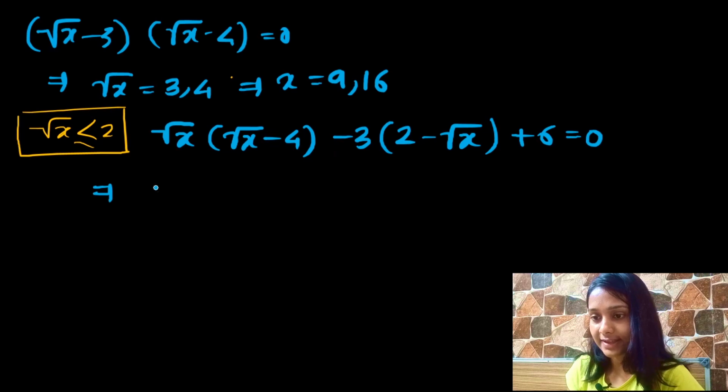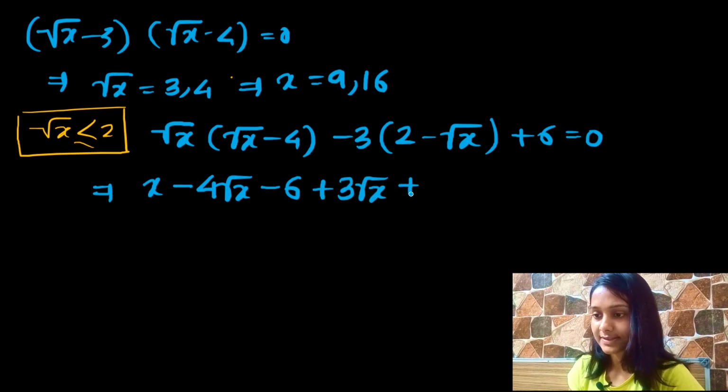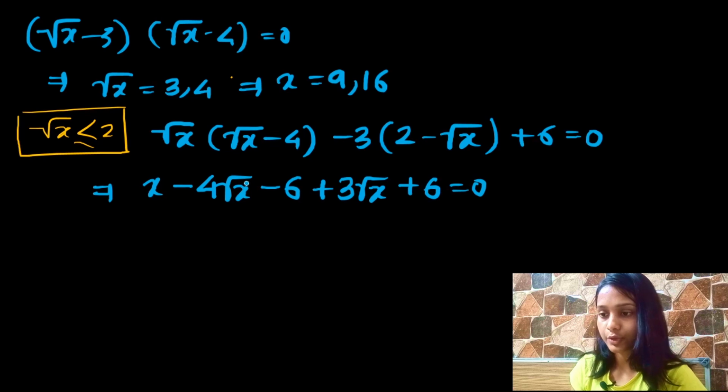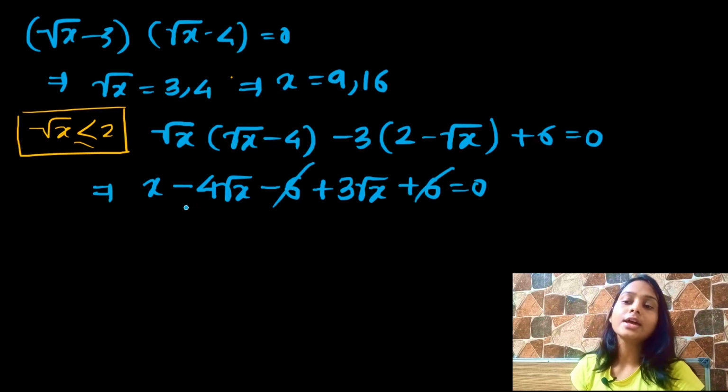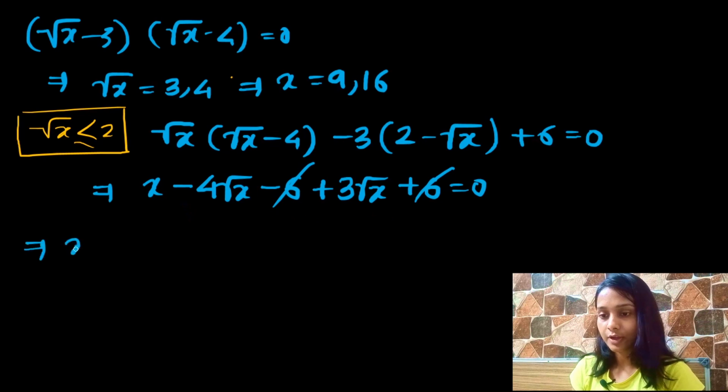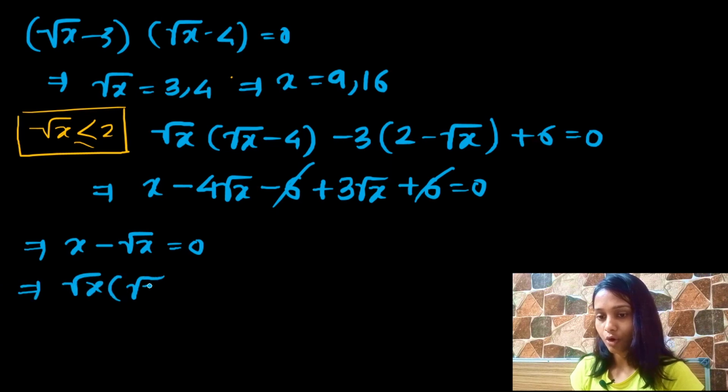So we can see that x minus 4 root x minus 6 plus 3 root x plus 6 equals 0. So 6 and 6 will get cancelled out, and minus 4 root x plus 3 root x will give only minus root x. So root x will get common, minus 1 equals 0.